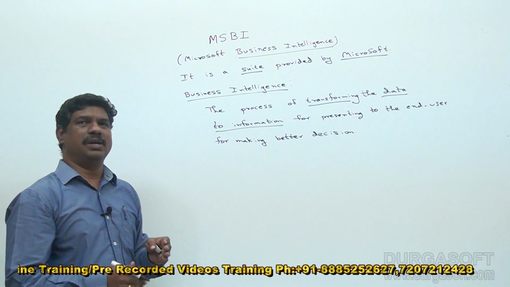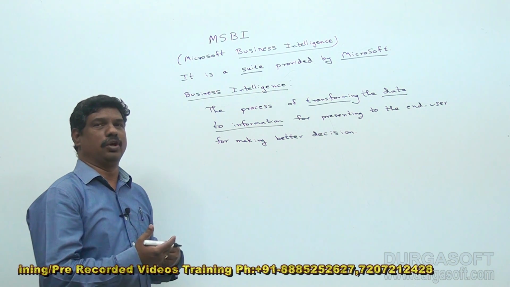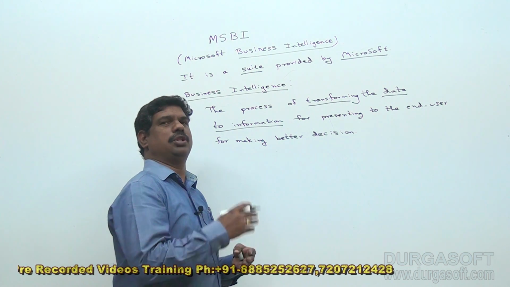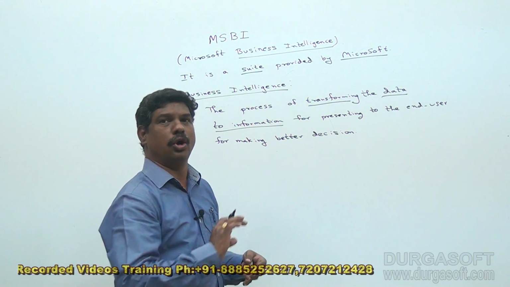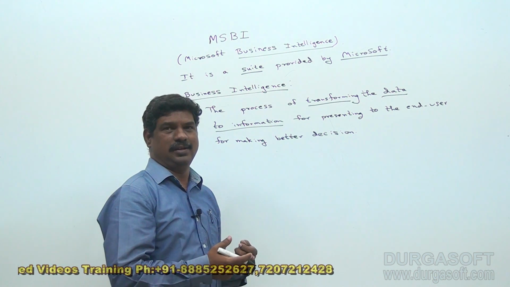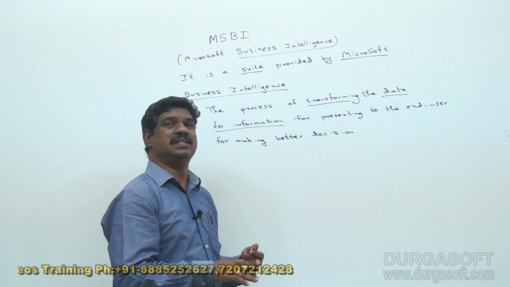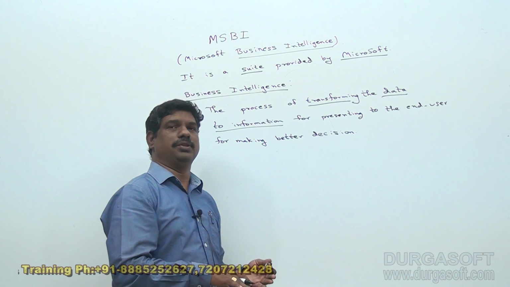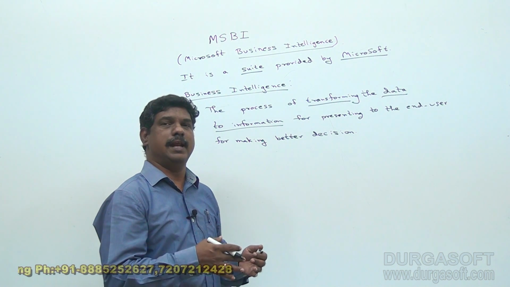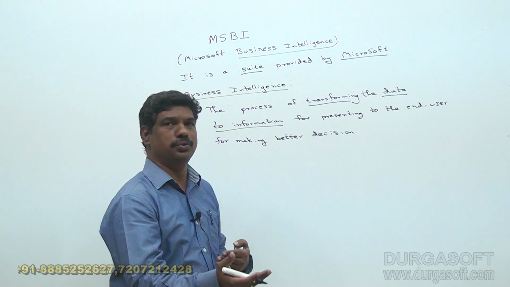We are converting the data into a more understandable format and giving it to the end user, the particular vendor or organization, so that they can study that data. Based on that, they can understand how the business is running and make proper decisions related to the current business or the future.